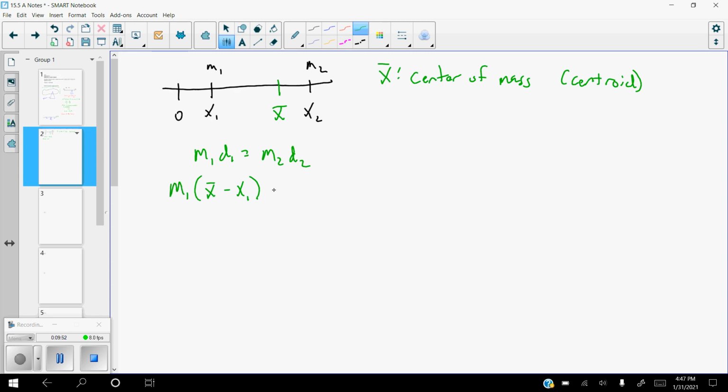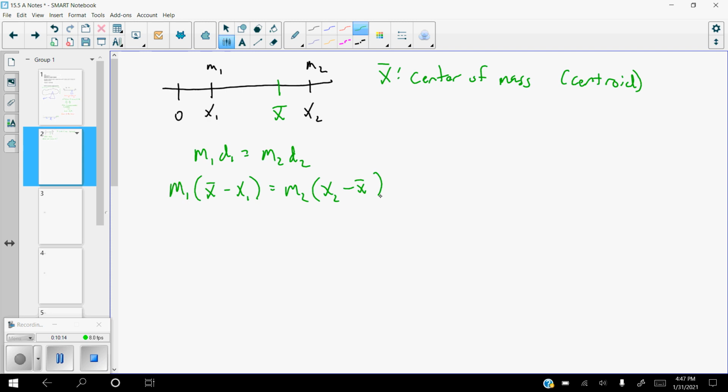Likewise, on the right side, distance 2. Now remember, you always take the final distance minus the initial. So in this case, it would be x2 minus x bar, basically working backwards, right to left. So you're always going to take the right distance, which is more the final distance, minus the initial.